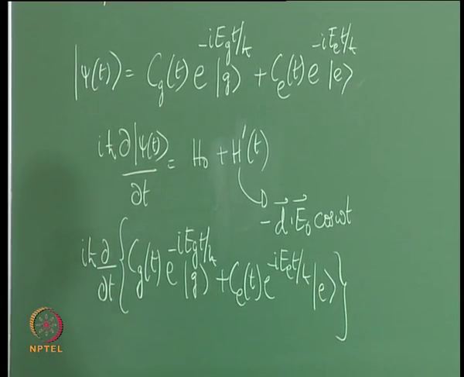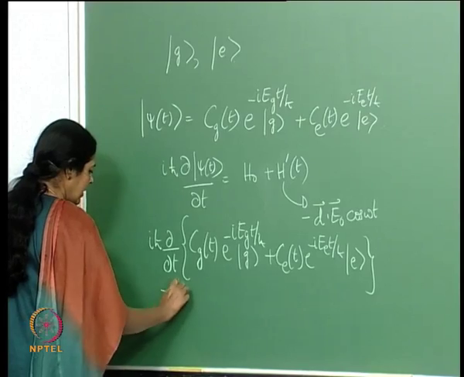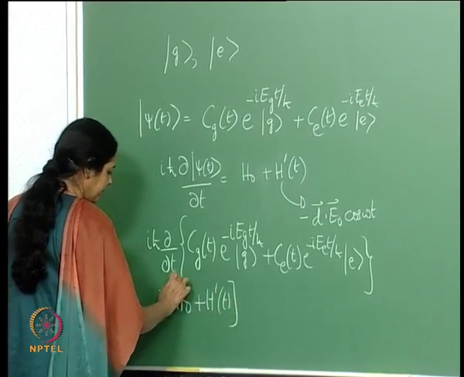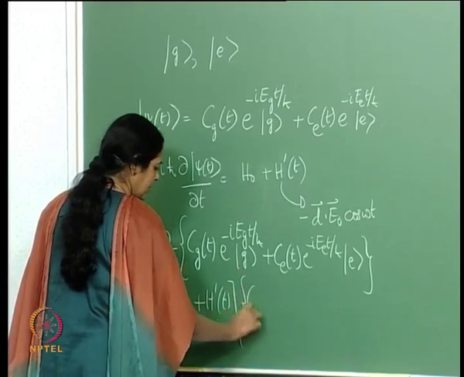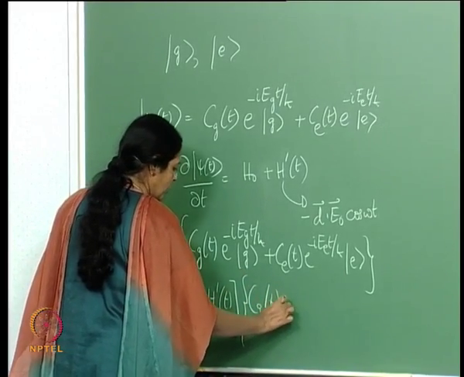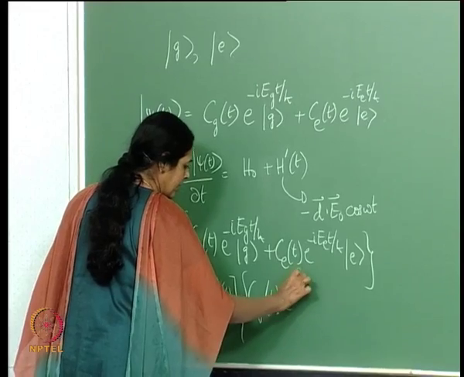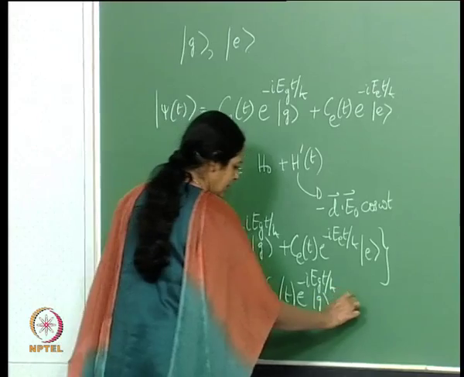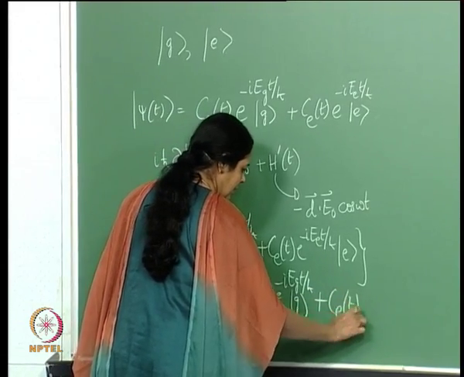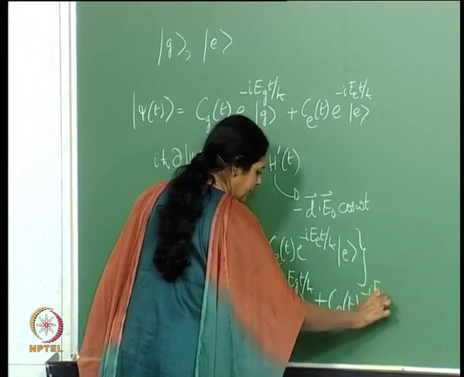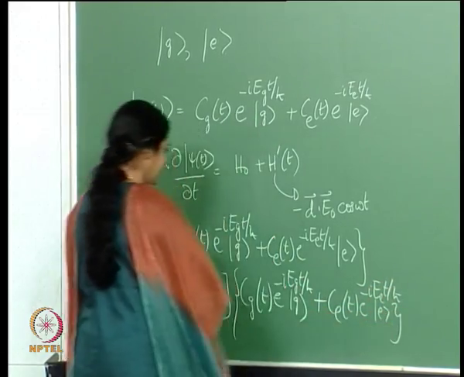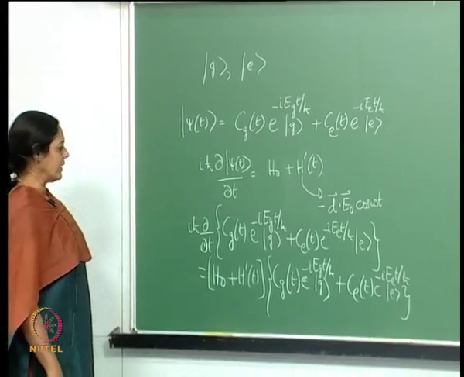That is the left hand side, and that is equal to h naught plus h prime of t acting on Cg of t e to the minus i Eg t by h cross ket g plus Ce of t e to the minus i Ee t by h cross ket e. So, this is what I have.